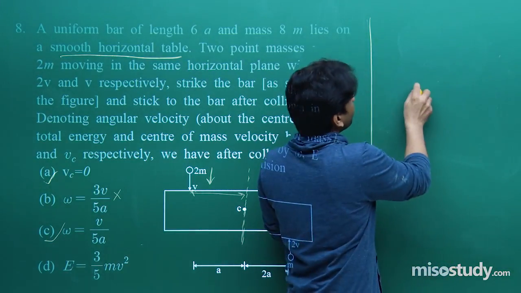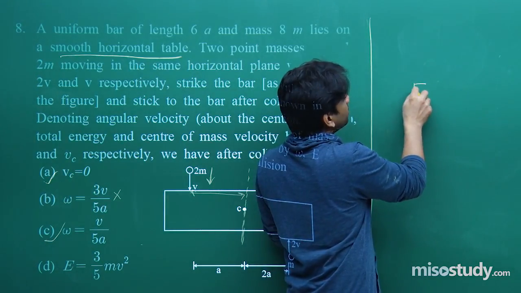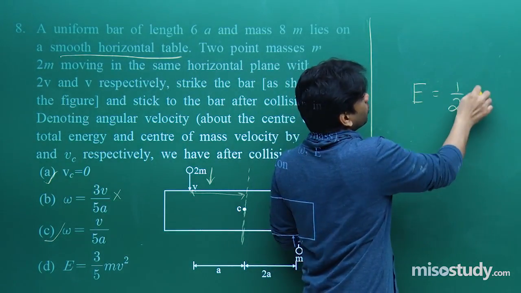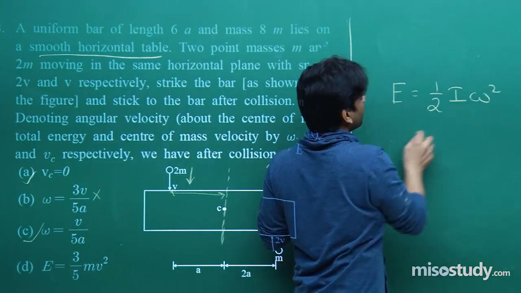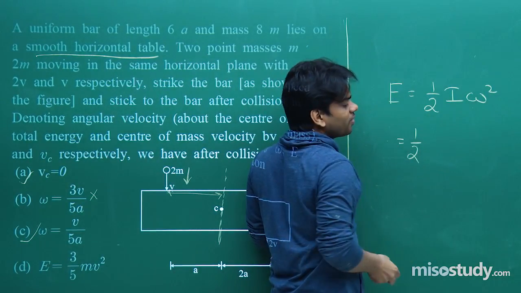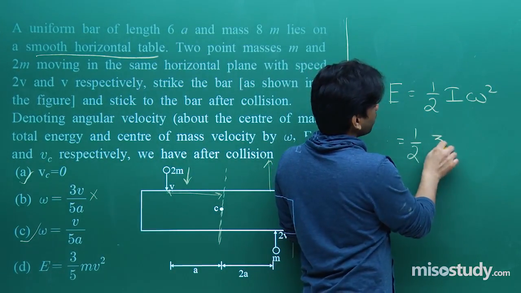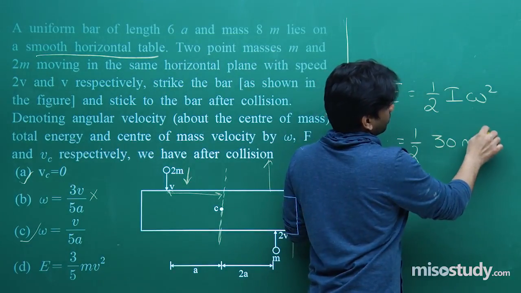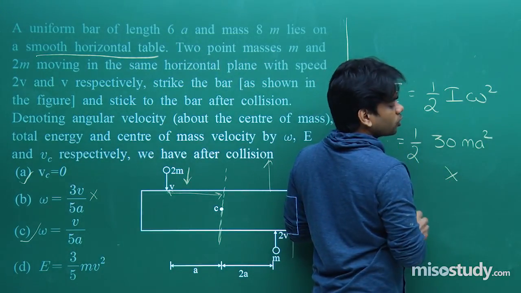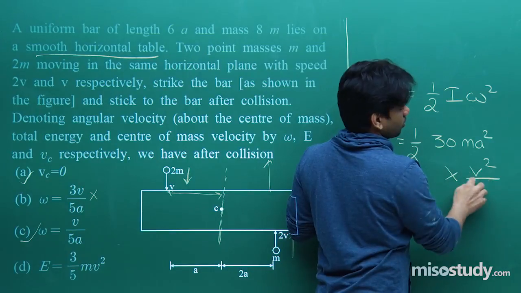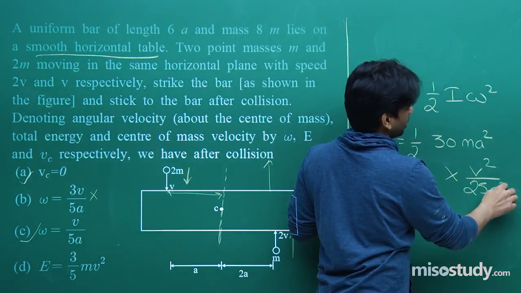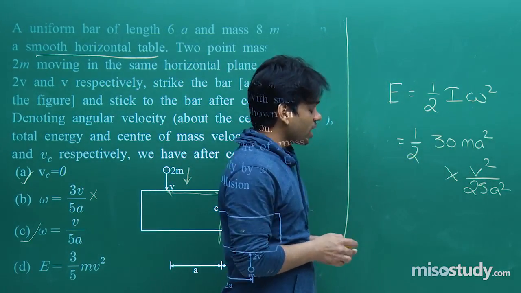So if you write down total energy is equal to half I omega square. Half I, which we have evaluated, is 30 ma square, multiplied with omega square, that is v square by 25 a square. This is what we can write.